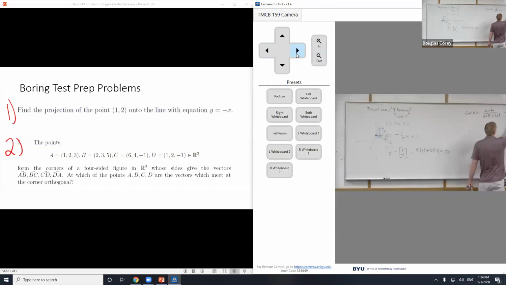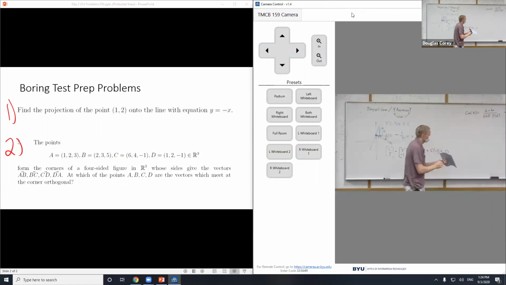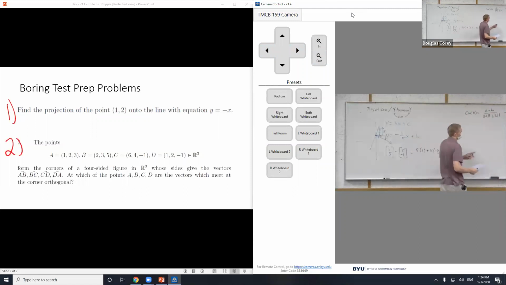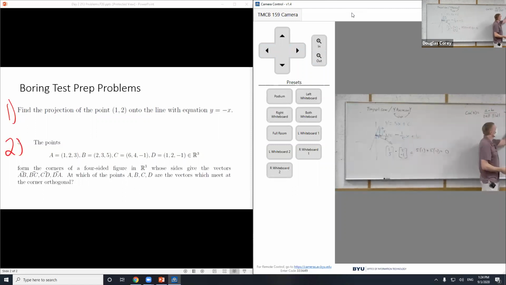That's the same as A over the length of A dot B over the length of B. So this is the same as this. Using properties of the dot product and scalars, we can write this either way. But this is a unit vector. This is a unit vector. Unit just means it has a length of 1. Okay?